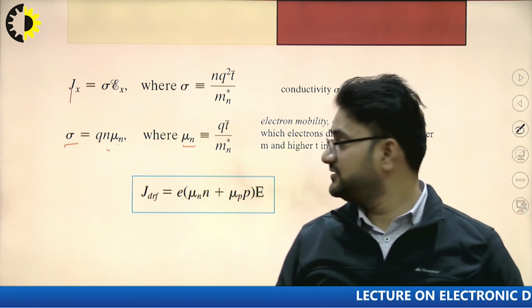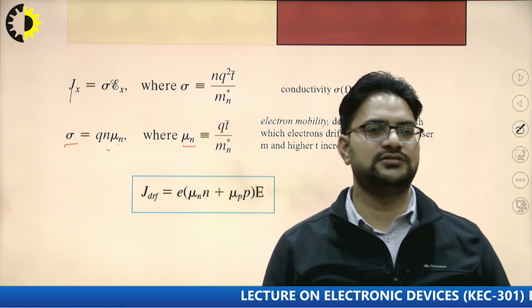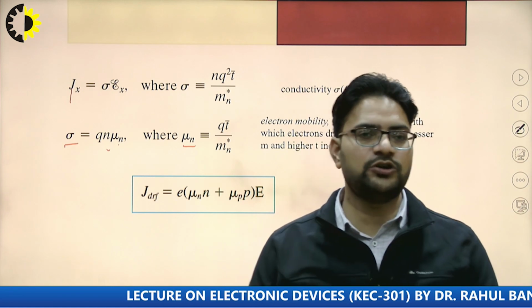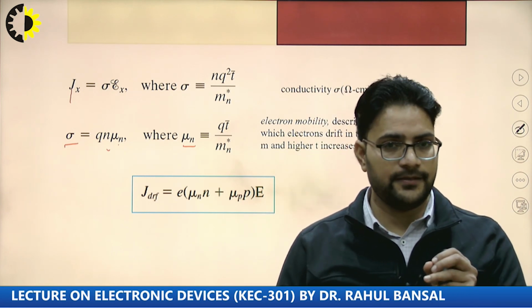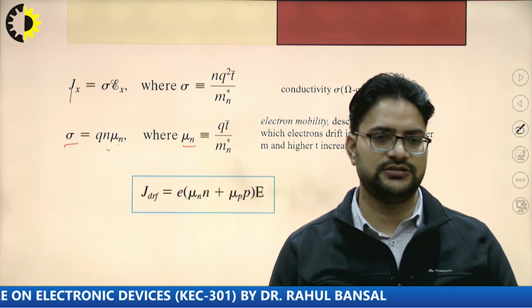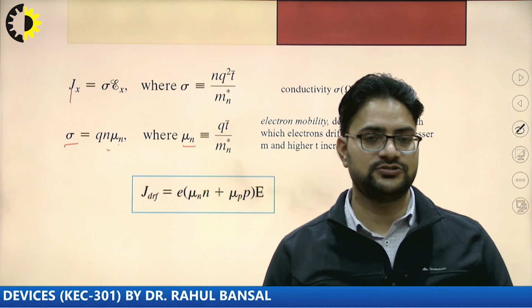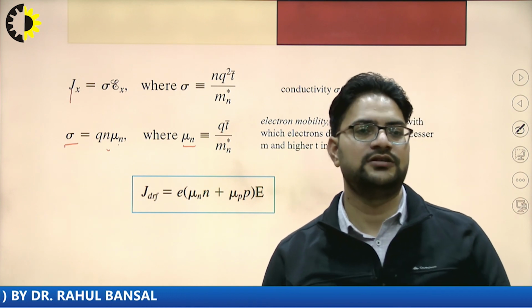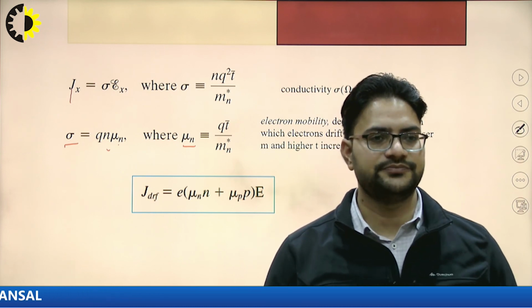Mobility describes the ease with which the electron drifts in the material, how fast the electron is moving in the material, right? So this is given by the drift velocity, and how the electron is moving in the material is given by the electron mobility, right?